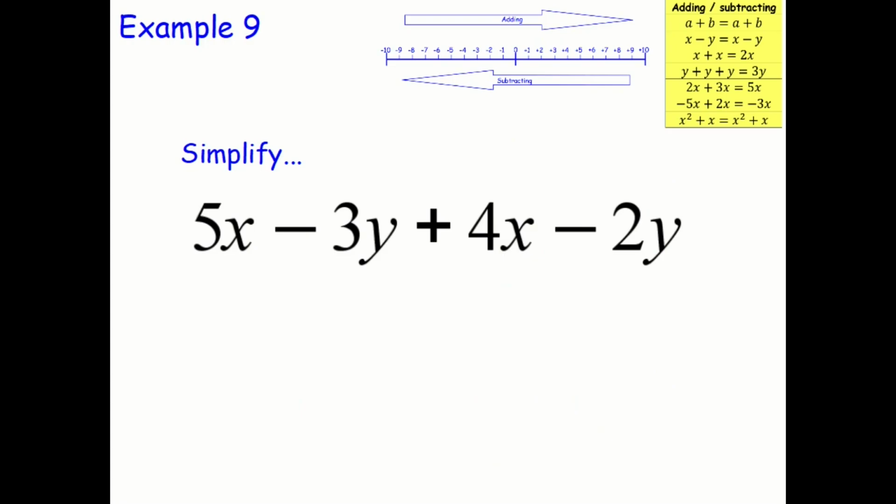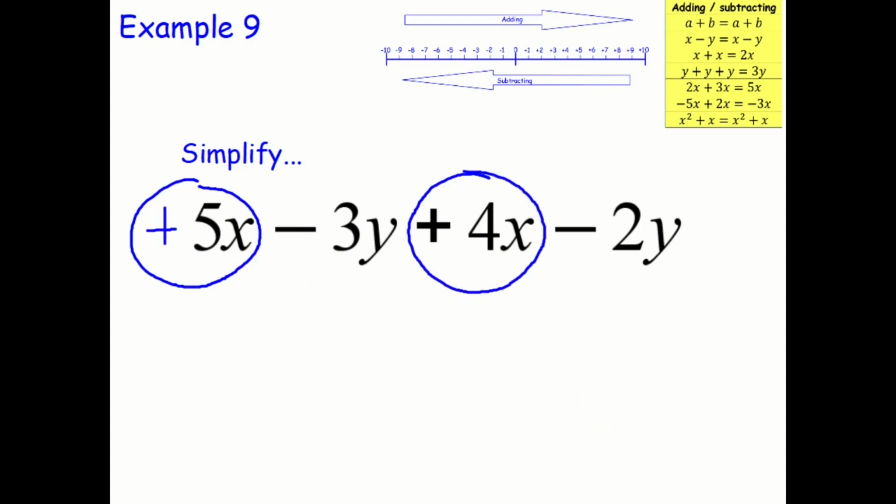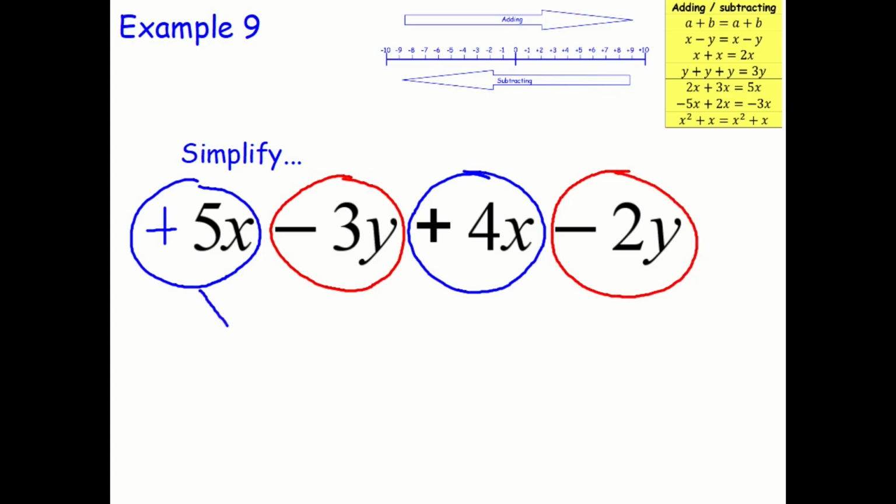Example 9. 5x, which is positive. 4x, which is positive. Minus 3y, minus 2y. Okay, well, if I've got positive 5 plus another 4, it takes me to positive 9x, which I'm just going to write as 9x.